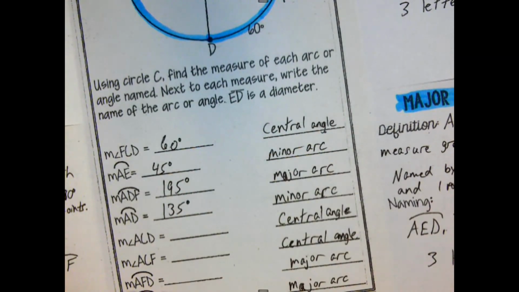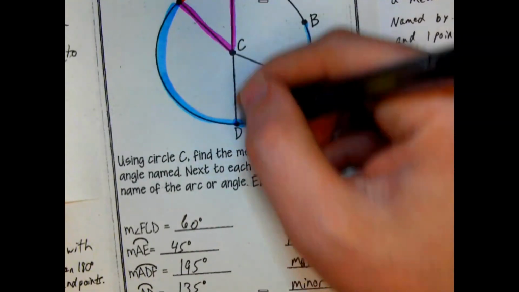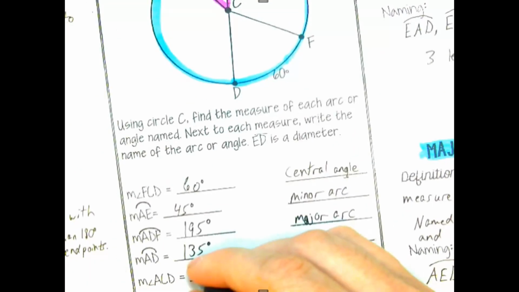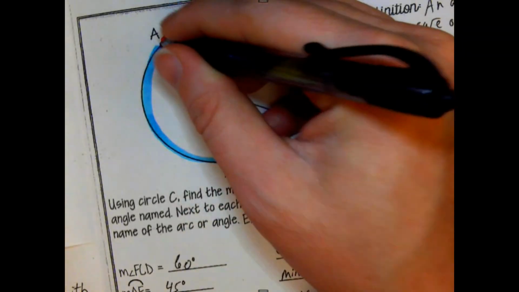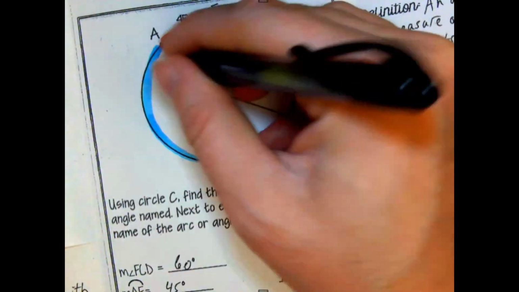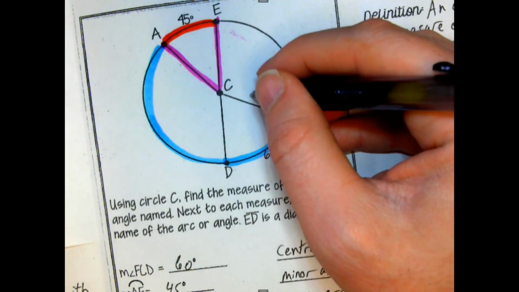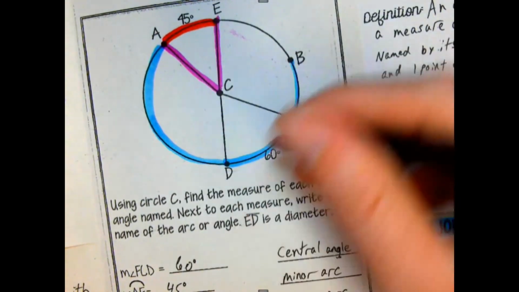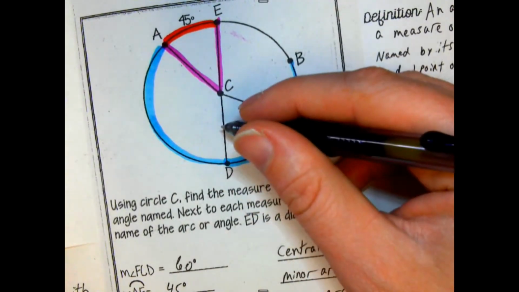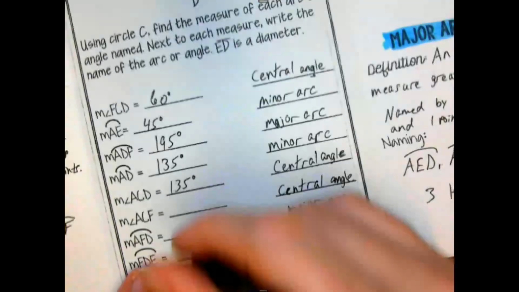ACD, so this central angle, is going to have the same measure as its arc, which is 135 degrees. ACF, so this angle right here, we know that this side of the angle is 195 degrees and the whole circle is 360 degrees. So 360 minus 195, that's going to be 165 degrees.